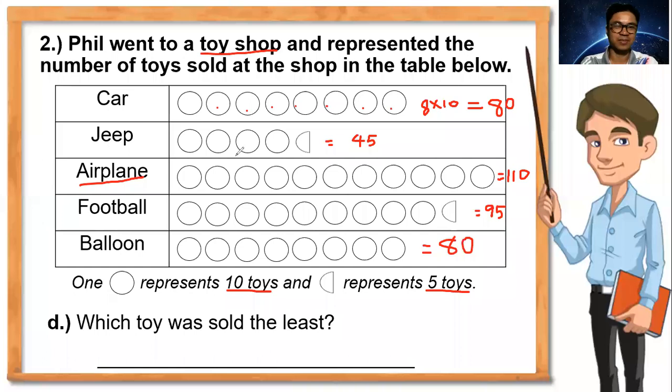It's a jeep because the jeep has only 45 sold. Just write the answer directly. Correct, short answer. So it's a jeep. That's good. Let's go to the last one here.